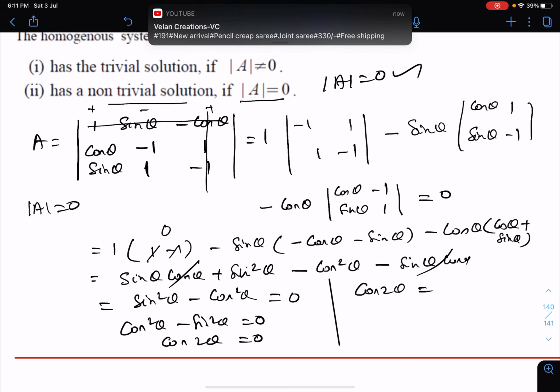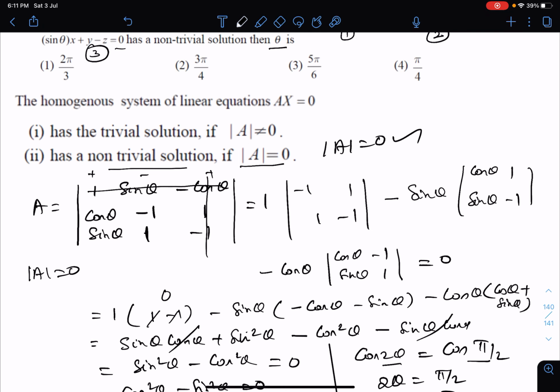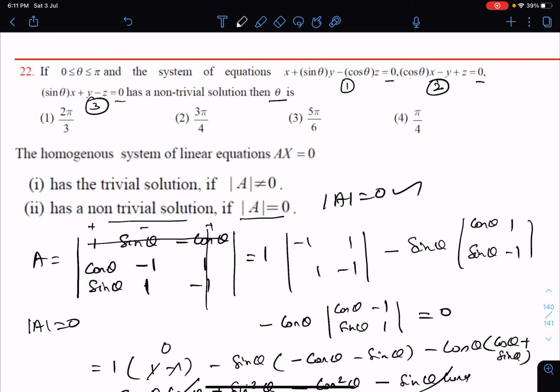Cos 2 theta equal to cos pi by 2, that is 90 degrees. That means 2 theta equal to pi by 2. Taking this to this side, theta is going to be pi by 4. So our answer for theta is pi by 4. Which option are you going to get? You are going to get the fourth option, pi by 4. So this is our final answer.